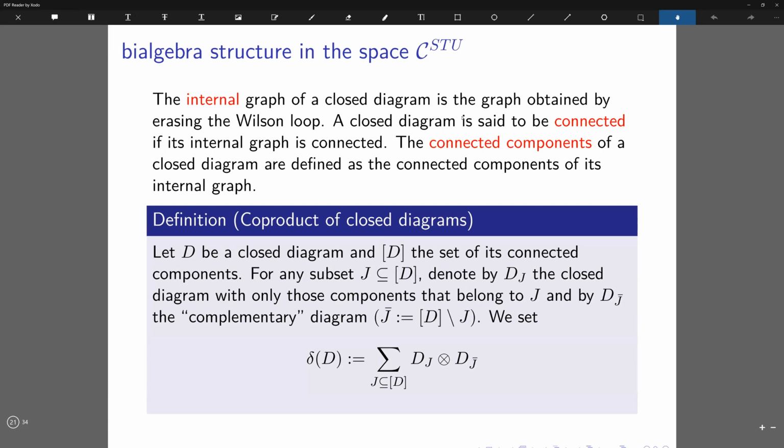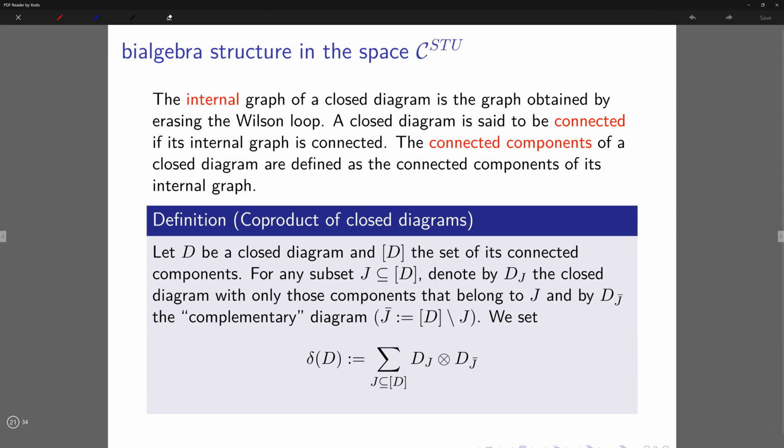The connected component of the closed diagram is just a connected component of the internal graph. So the co-product of a closed diagram is just to take all the subsets J of the set of components of the Jacobi diagram D. So this is the definition of the co-product of the closed diagram.